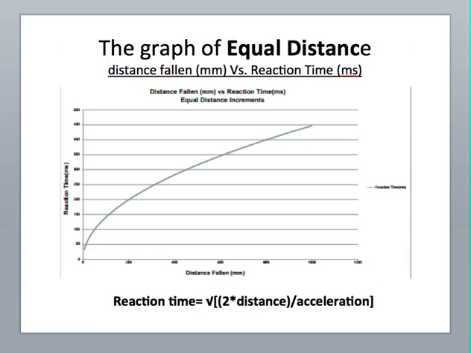And this is a graph of equal distance. So we can say the longer distance has a higher reaction time. In this graph, I use the equation reaction time equals the square root of 2 times distance divided by acceleration.